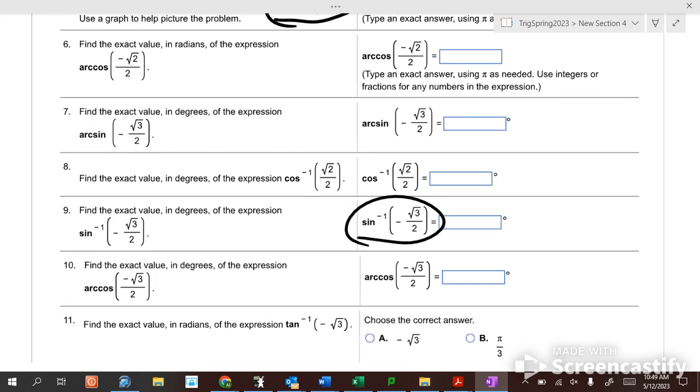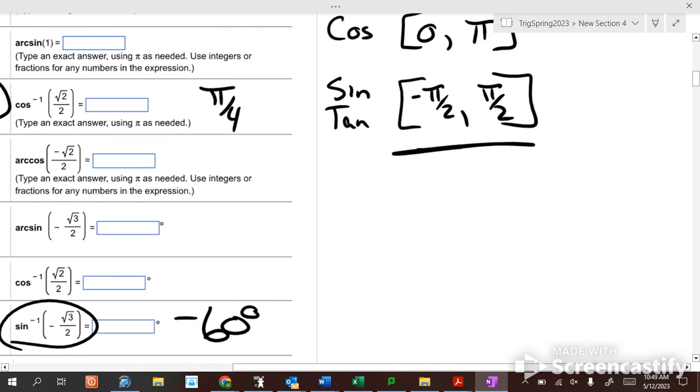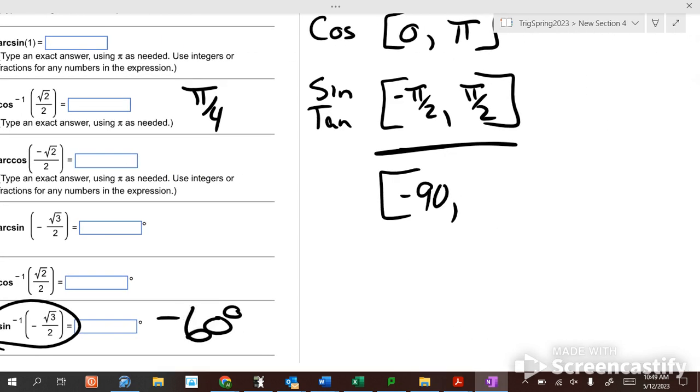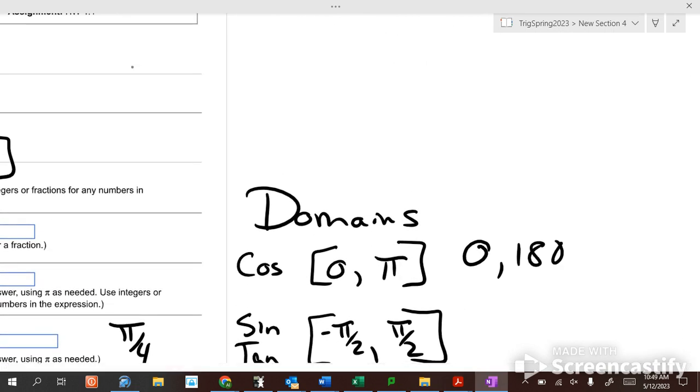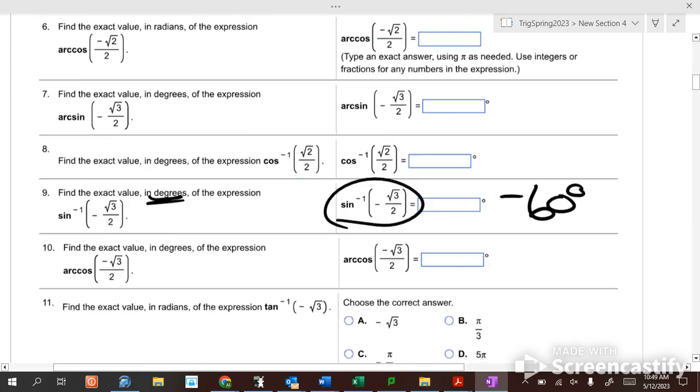It's at 5 pi over 3, but we have to go from 0 down, and we're using degrees. It's at 300, but going from 0 down, it's negative 60 degrees. Okay, because we have to go from basically negative 90 up to 90 for this. And for cosine, we're going from 0 to 180. Okay? All right.